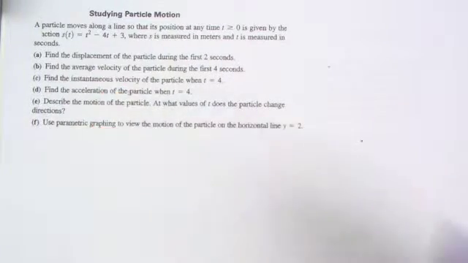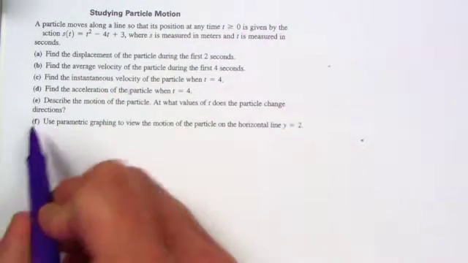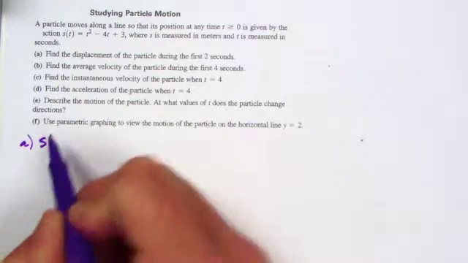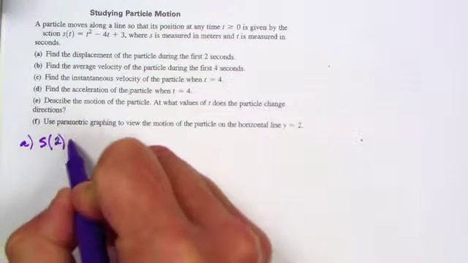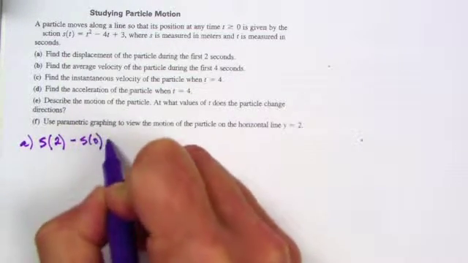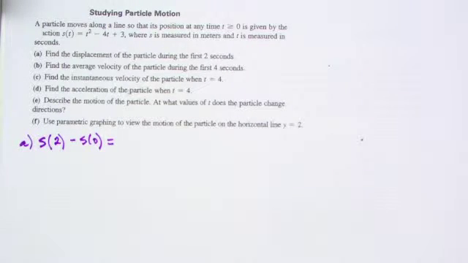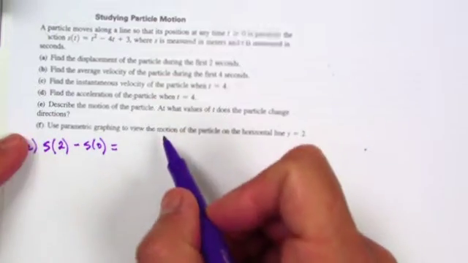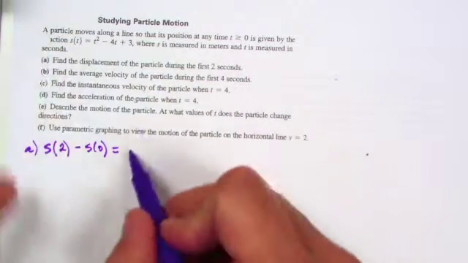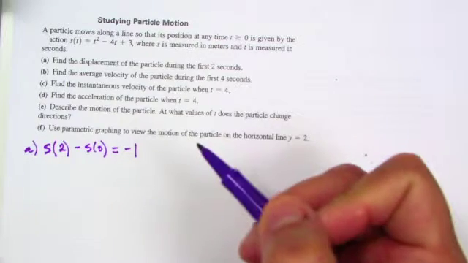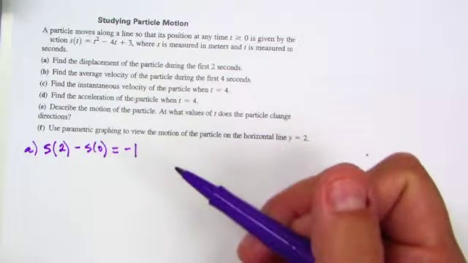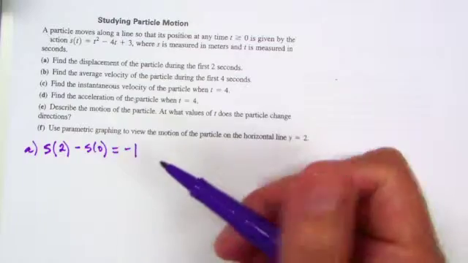You told me that displacement was final position minus initial position, right? Or the difference in those. So S of 2 is negative 1, right? Negative 4 plus 3, yeah, negative 1.